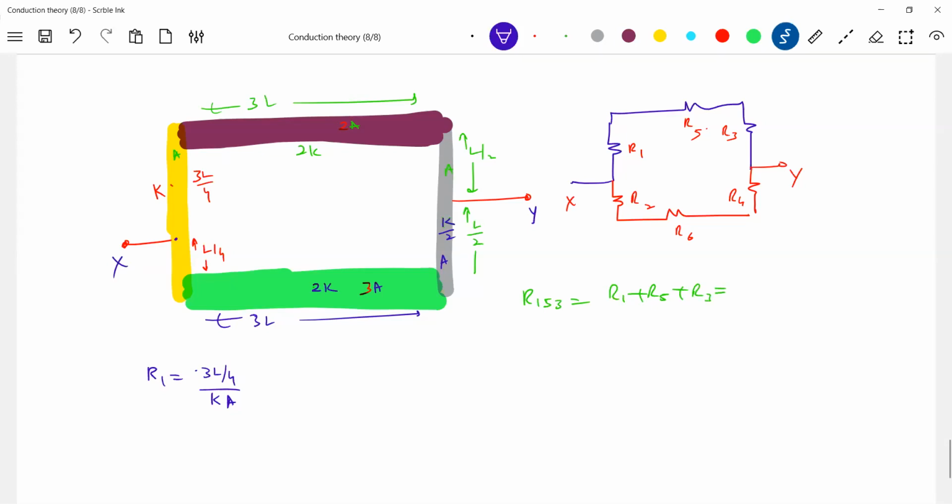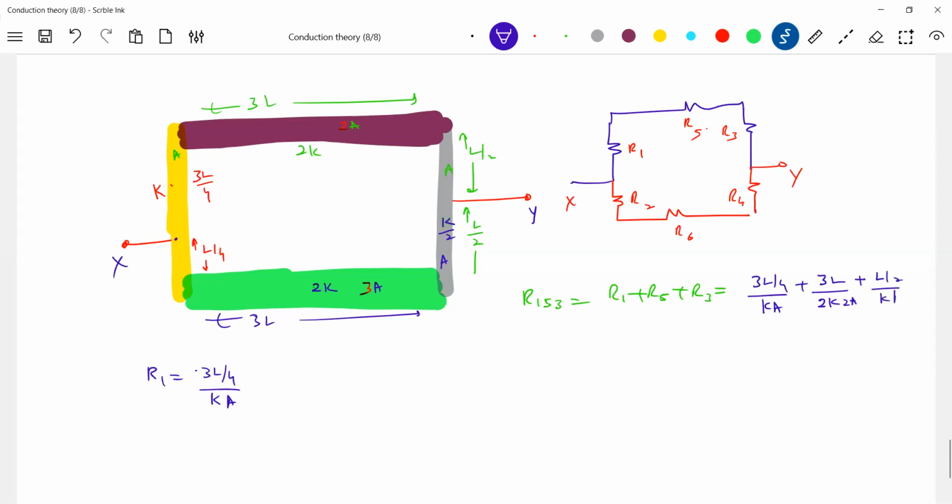And what is the value of R1? 3L by 4K. What is R5? Length is 3L, thermal conductivity 2K and area of cross section 2A. Next, what do we get?